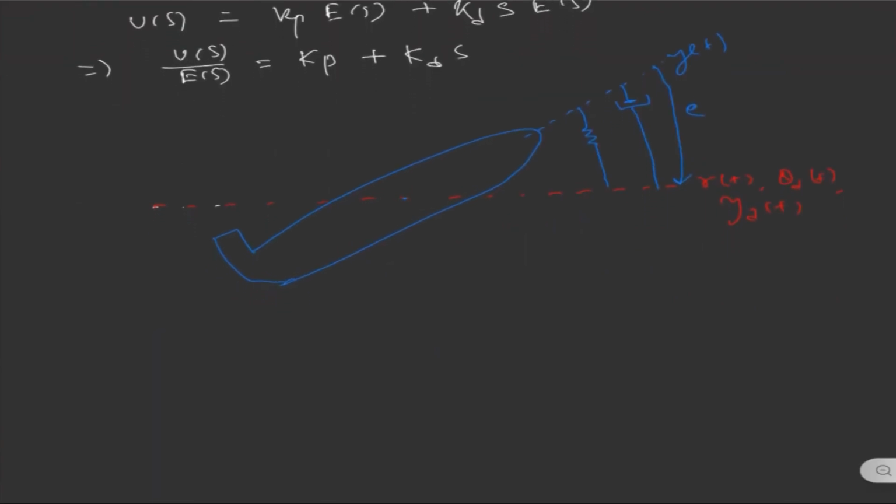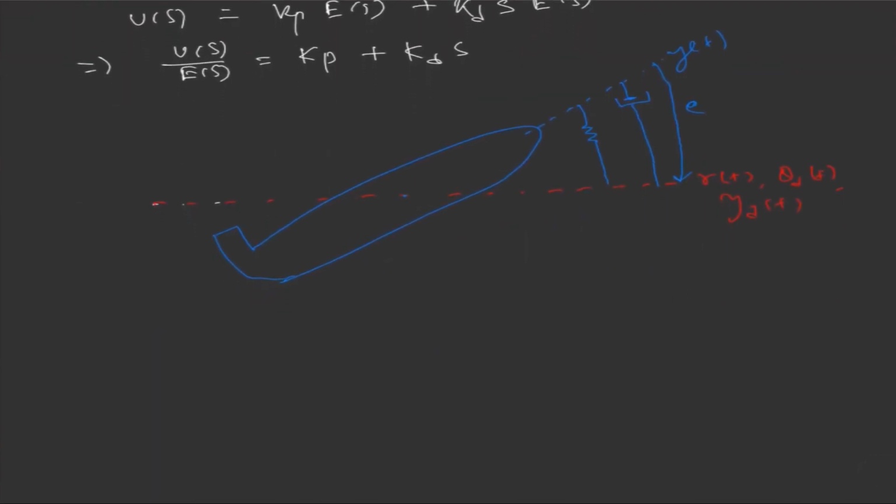So let's look at how it is happening. Similar to the previous control, let's assume R of t is a constant reference attitude to be tracked.